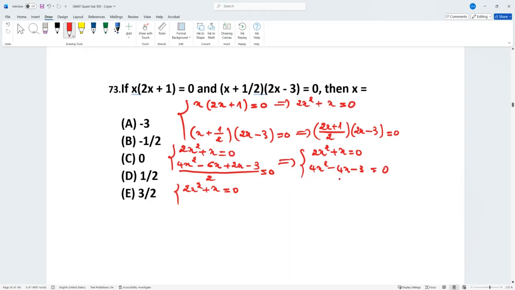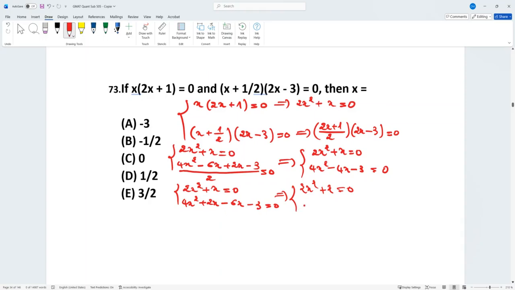So here we are going to try to write it in a factored form. So we will have 4x squared plus 2 minus 6x minus 3. So it will bring us to this form here. Okay, and then 2x squared plus x equals 0.